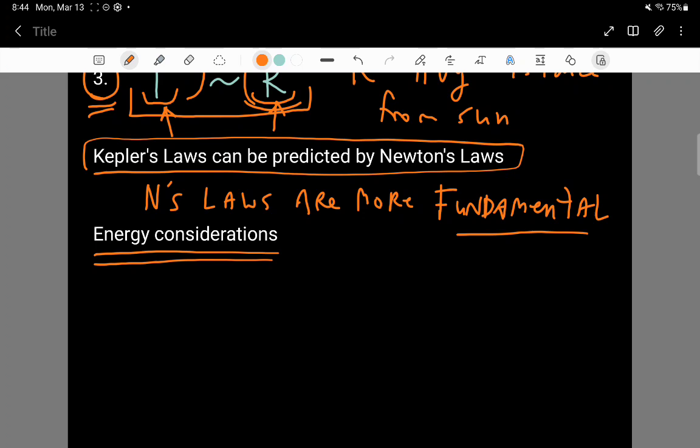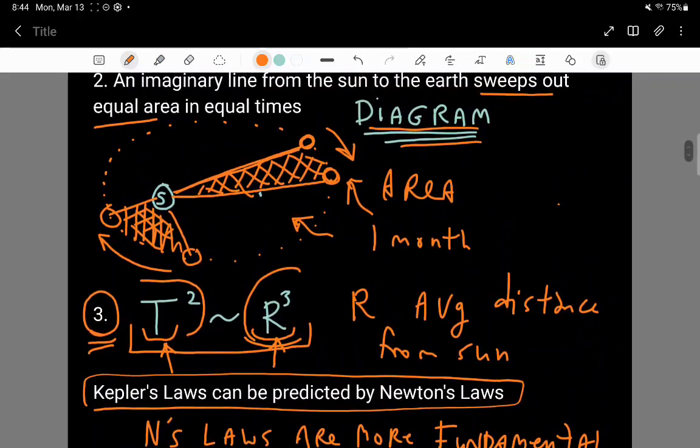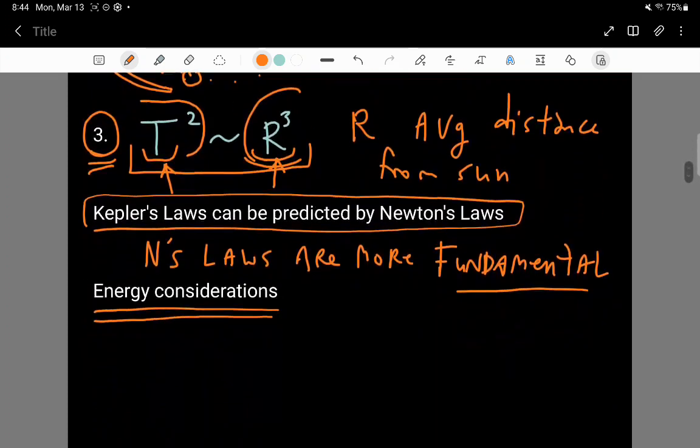So I kind of alluded to it a little bit. Let me just remind you of something I showed you. The Earth, when it's further away from the sun, travels slower. And when it's closer to the sun, it travels faster. In the same amount of time, it will travel further, so that it can sweep out equal areas. And this is an energy issue, right?